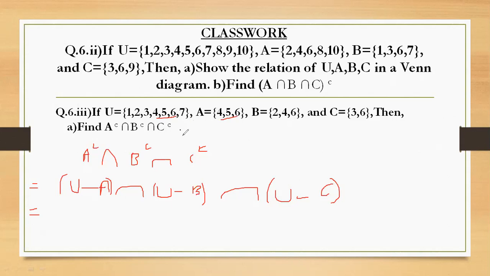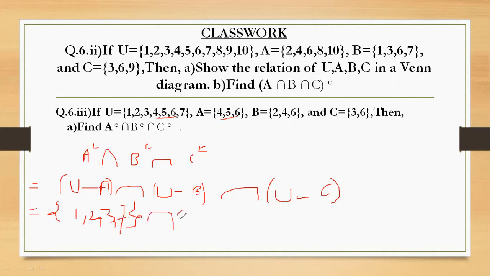Sir, 1, 2, 3 and 7. Look, A subtract 4, 5, 6 only. 4, 5, 6 are removed, 1, 2, 3 and 7 are left. Good. 1, 2, 3, and 7.